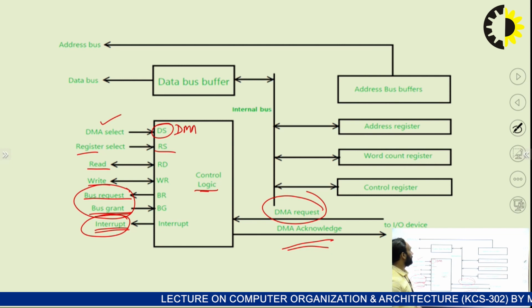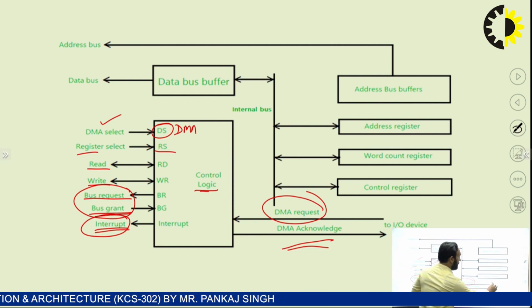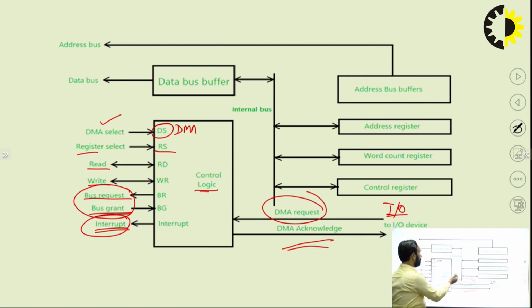So how does it work? We first know, as I discussed, the abbreviations of all these. First the IO device will send a request to the control logic, which is also known as the DMA controller, or we can say DMA processor, right?